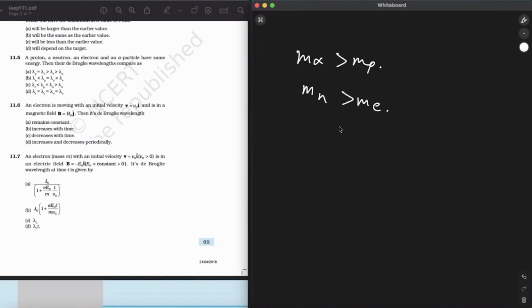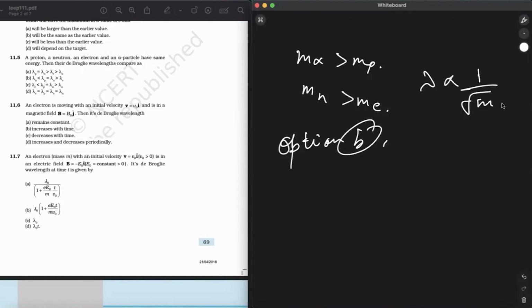So the correct answer will be proton equal to neutron, option number B. You just have to compare the masses. Lambda is inversely proportional to 1 upon under root m, so you just have to put in the mass to get the value for lambda.